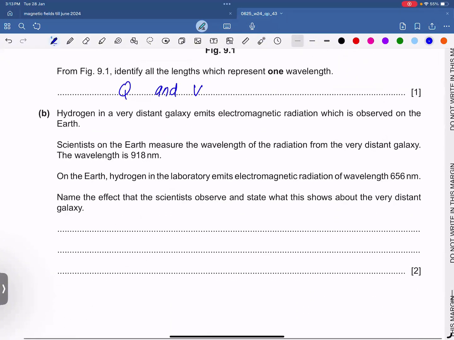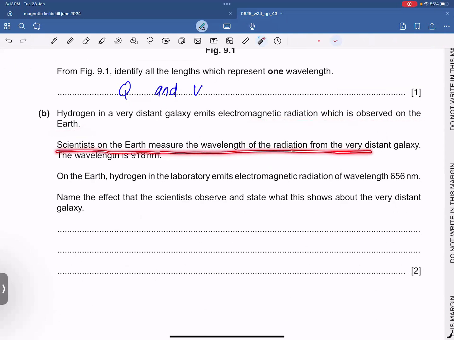Hydrogen in a very distant galaxy emits electromagnetic radiation, which is observed on Earth. Scientists on Earth measure the wavelength of radiation from a distant galaxy. The wavelength is 918 nanometers. On Earth, hydrogen in the laboratory emits electromagnetic radiation of a shorter wavelength.